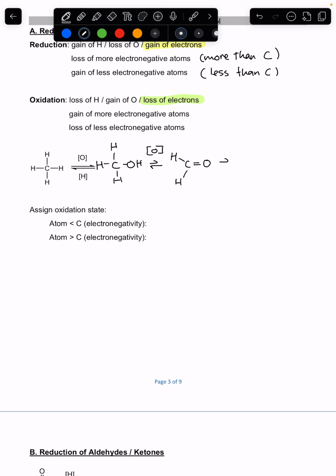If this gets further oxidized, it gets another oxygen, reaching the carboxylic acid stage, and if this gets further oxidized, you become carbon dioxide, and that's as oxidized as it gets.